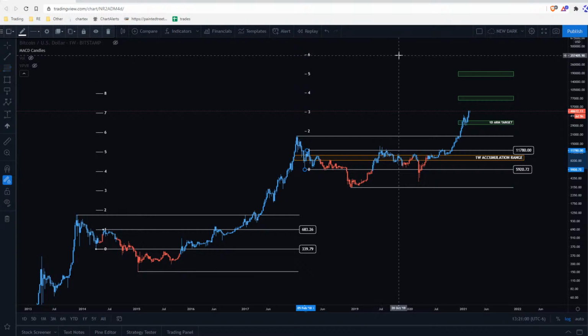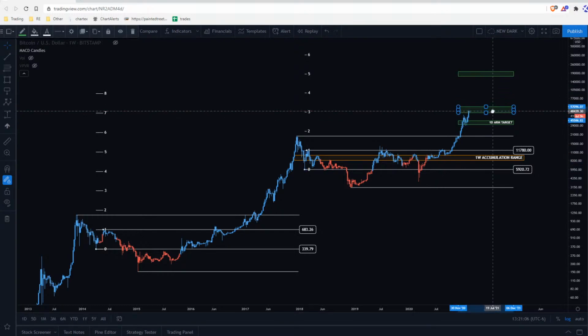So target 6 could be around 375. So we would actually be inside of target 2 right now. That's a little concerning. I think we could come up to close to 80K before a real correction though.